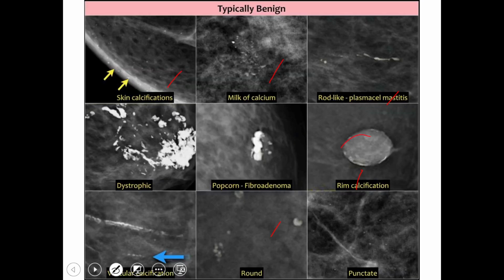This will show you the size of the rim calcification. All this imaging shows the white portions, where you can check that the beginning of the cancer tissue is happening. So through mammography, you can identify at which stage the breast cancer is.